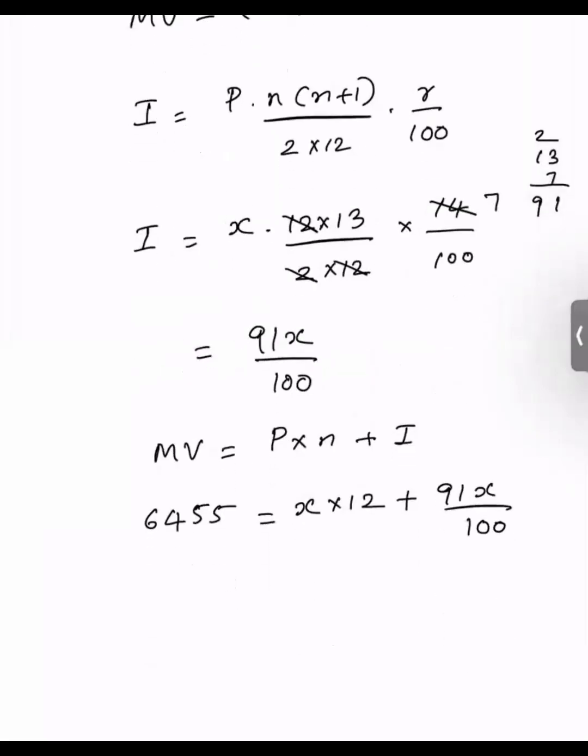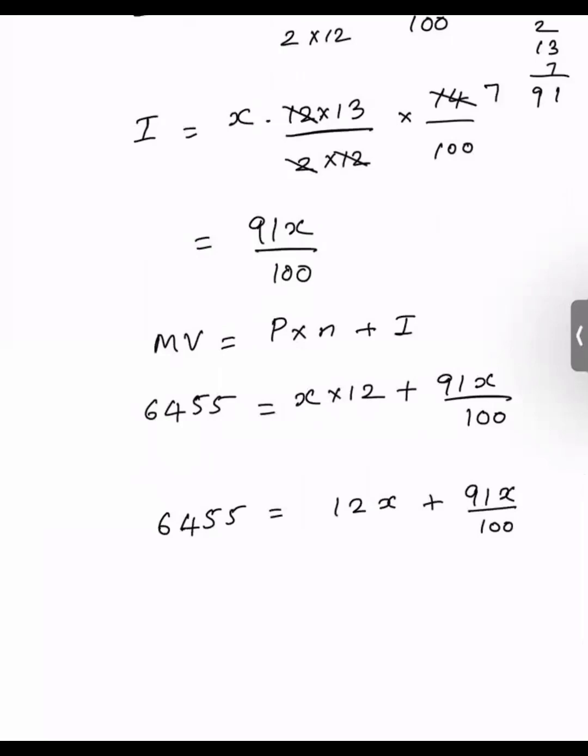Write down that. Then 12x plus 91x by 100 is 6,455. So you have to find the LCM. Let me make it 1,200x plus 91x divided by 100. This side 6,455.